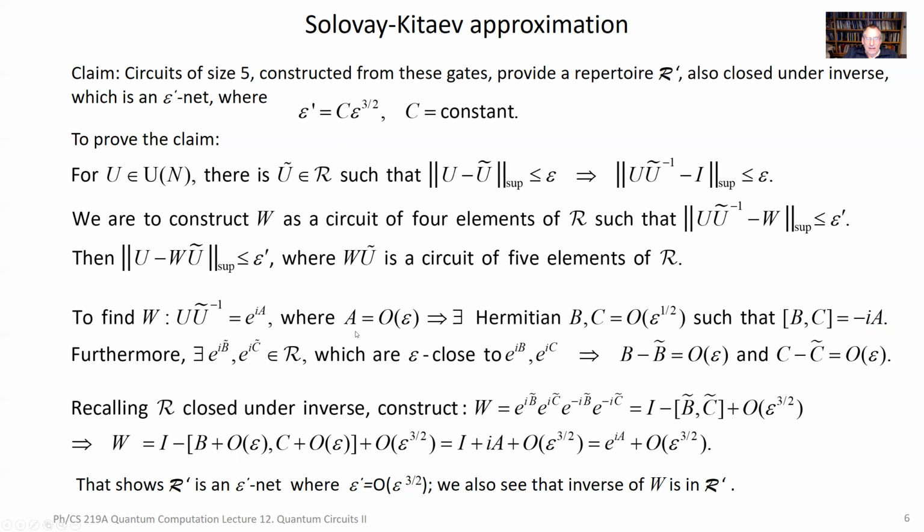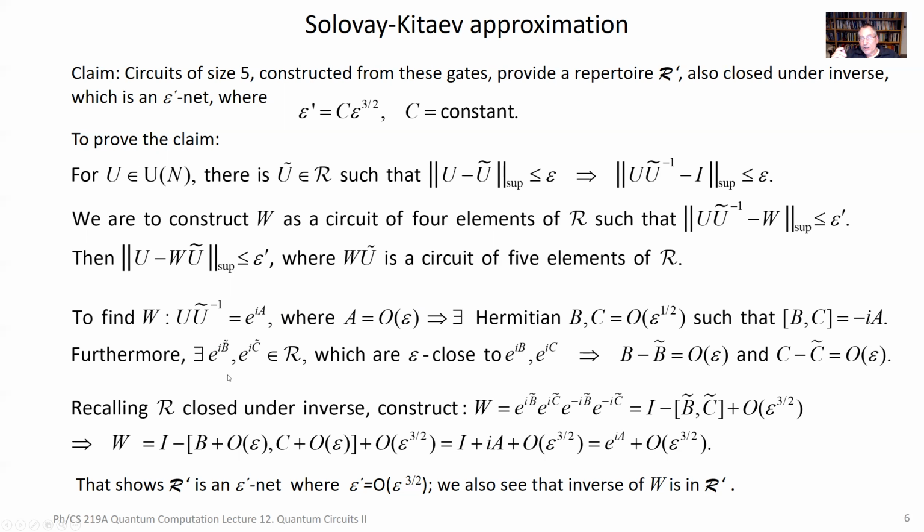So A is something that we know precisely, and so there's some B and C, which in principle I can know precisely, such that their commutator is equal to minus iA, and because A is order epsilon, I can choose B and C to be of order epsilon to the 1/2.